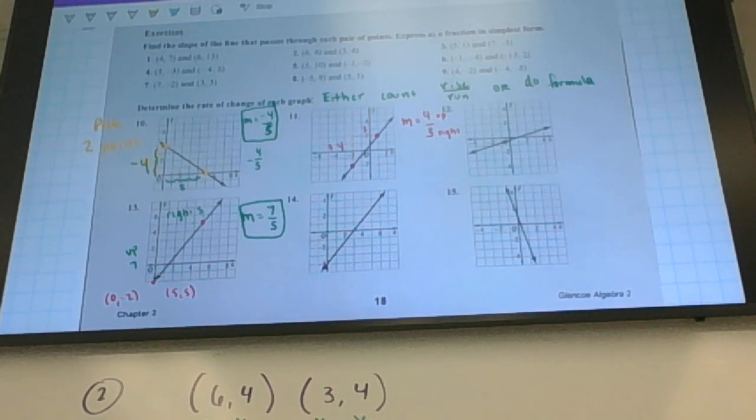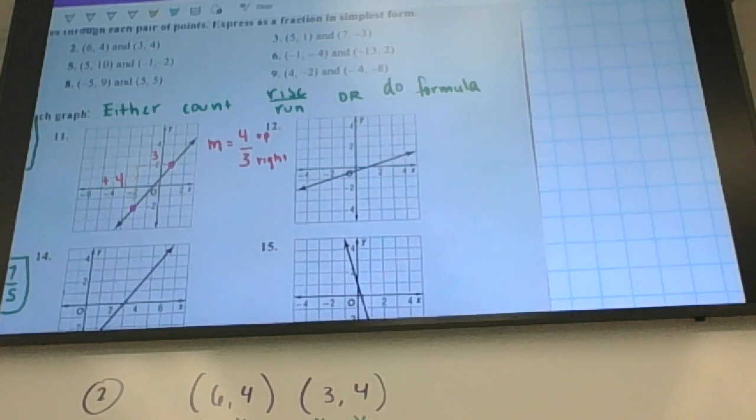Definitely. Yeah, definitely simplify. Simplest form. This will have 2 points. See that? I like this point here and this point here. Yes, this. So just pick 2.